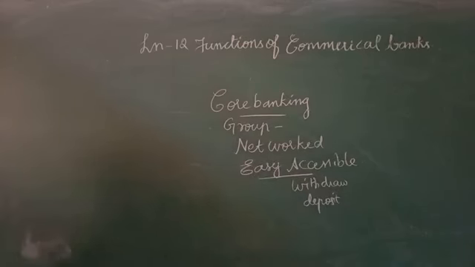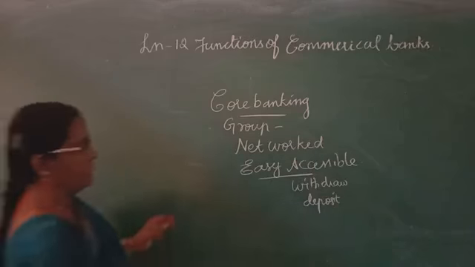So what is the meaning of core banking? It stands for centralized real-time banking. It is the centralized server of the bank. All details of all the accounts of all the branches of all banks are available. So a customer can withdraw money through a check at any bank.